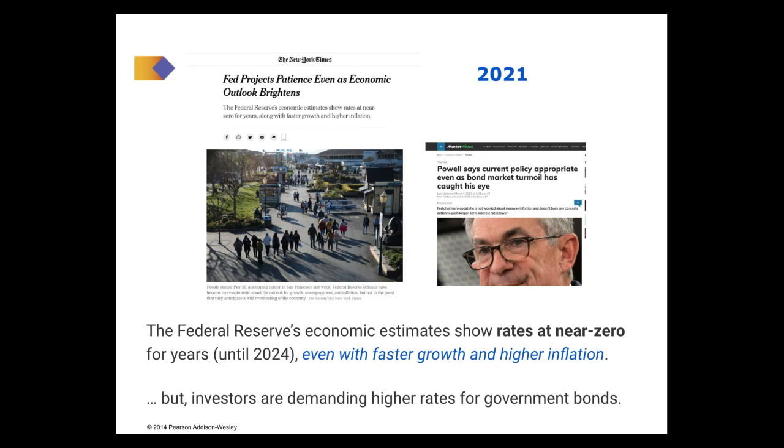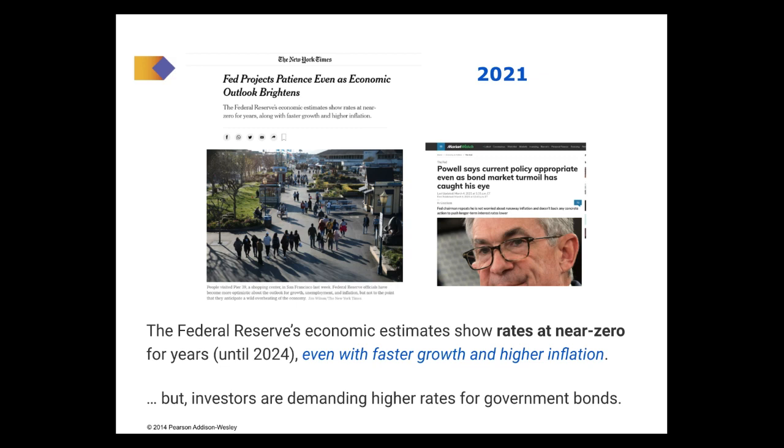Normally the Fed wants to have low rates when we have low inflation or anemic growth. Then you want to keep lower rates. That's the monetary policy objective to help us achieve our macroeconomic goals. But here they're saying they're going to keep low rates even with faster growth and even with higher inflation.